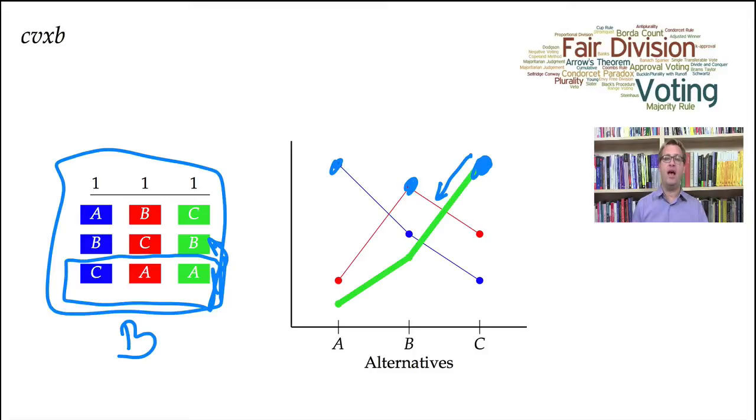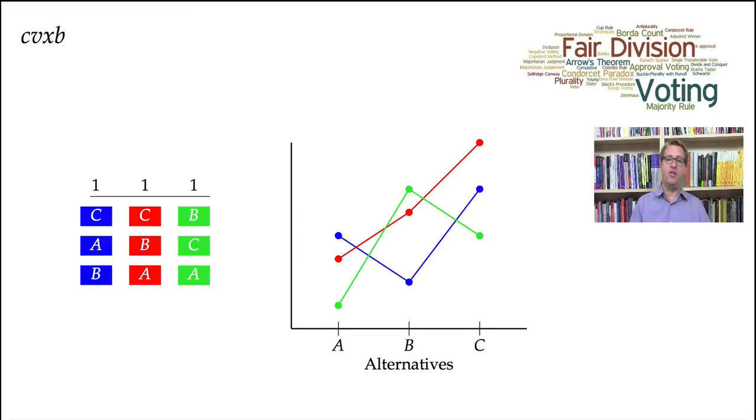So does that always happen? So this is the question. If there's a Condorcet paradox, so the group ordering is not transitive, does that mean that somebody has to have a representation of a preference that's not single-peaked?